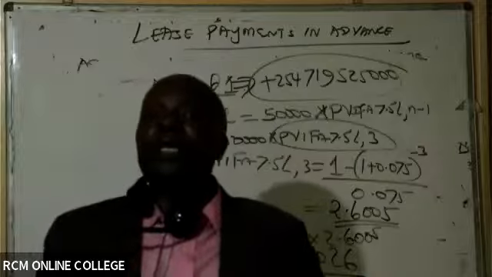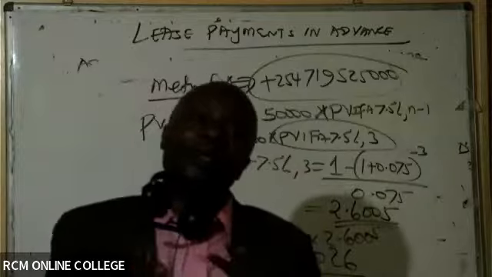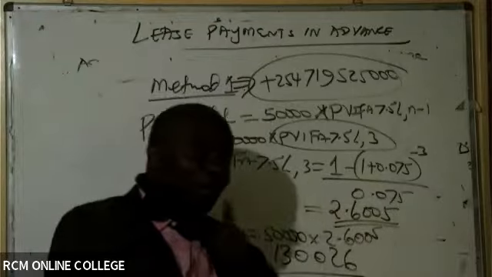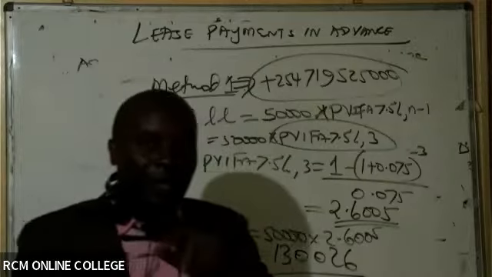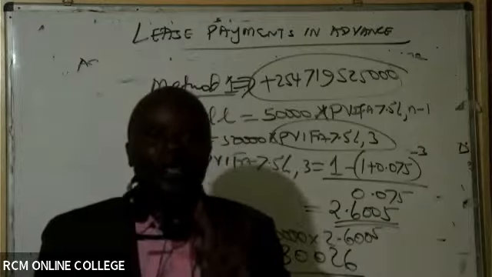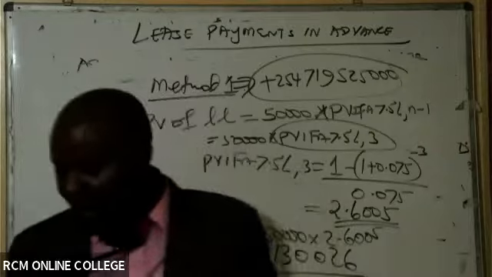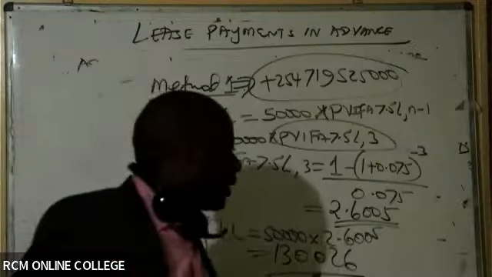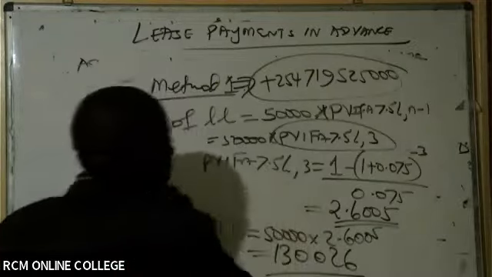At times you may get answers that differ because of rounding errors, like 130,000 or even 129,000. Don't write 129,000. Write the figure that the examiner has given, because the examiner may have rounded off. Is that clear? In the model schedule we use what the examiner gave us, which is 130,026.